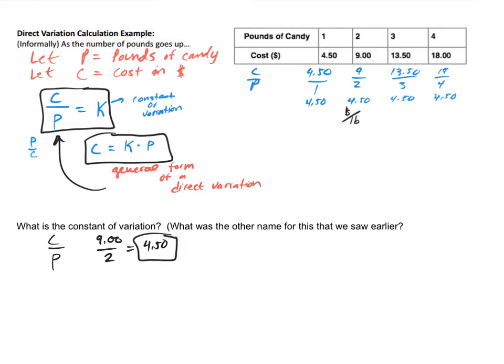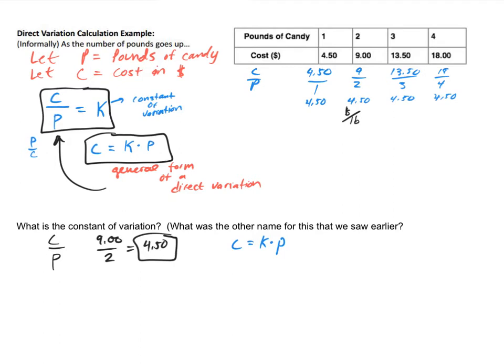Students also tend to plug in, they see, okay, there's a constant of variation. I know there's going to be an equation that I can find where one variable, cost, or P, depending on how you want to set it up, will be equal to the product of the second variable and this constant. It's just a rearranging.